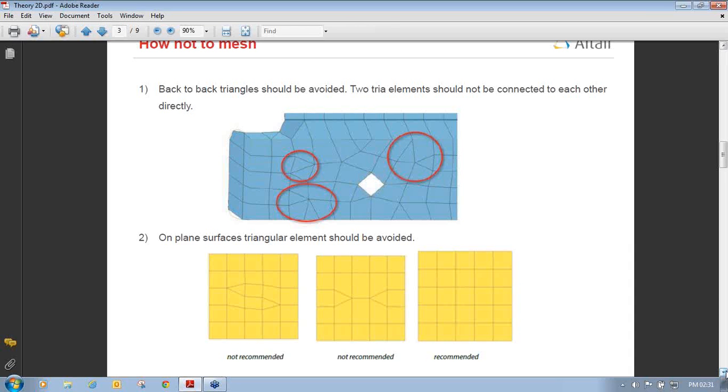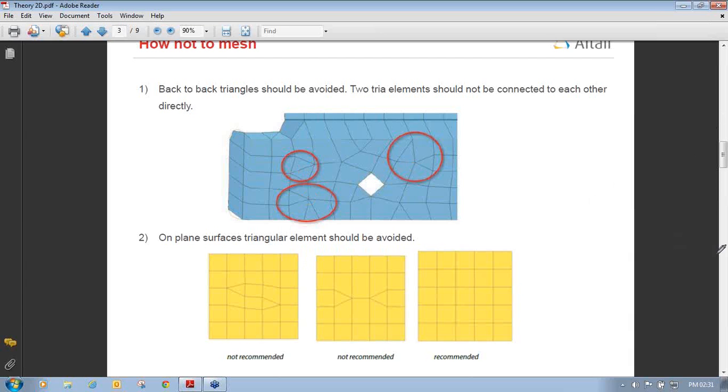As you can see in the circular region, these types of back-to-back trias are not allowed, that a single node is sharing two tria elements, so this type of tria elements are not allowed. Similarly this node is sharing two tria elements, this node is also sharing two tria elements, so these things are not allowed.